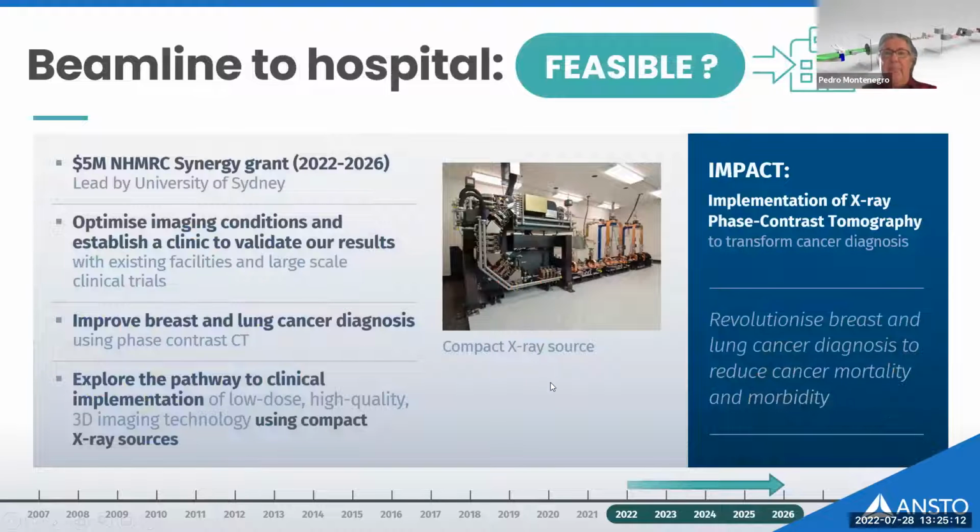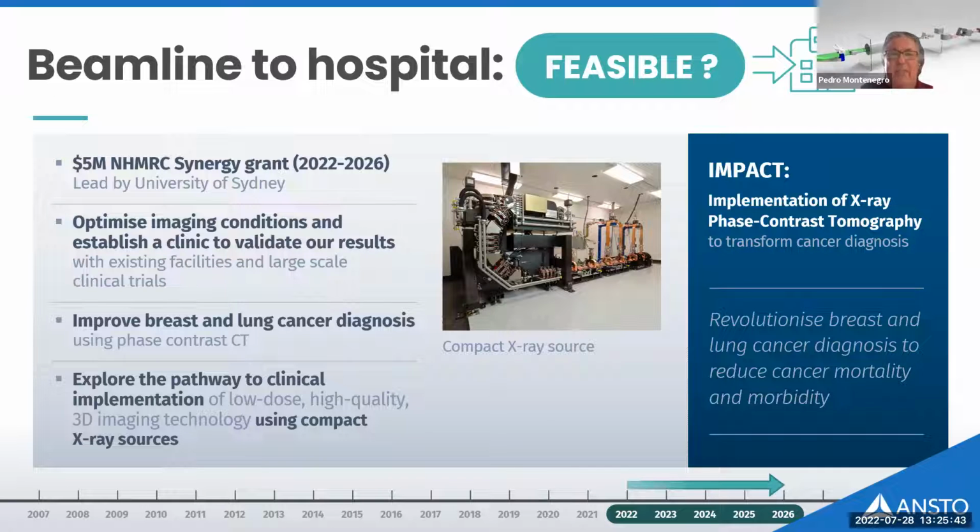So looking at the key underlying driver of that synergy grant, the impact grant: with this 5 million grant over 5 years, led by the University of Sydney, we would like to do several things. Step one, which will actually go through the 5 years, is to optimize the imaging conditions as much as we can and keep improving.